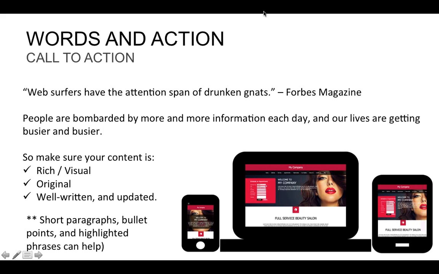When I say well written, I mean think about what you're saying. Is it too wordy? Before I publish anything, I try to think about, can I cut down on the amount of words that I've used? That's true for any articles that I write, any posts that I share, any training that I put together, any content that I write.